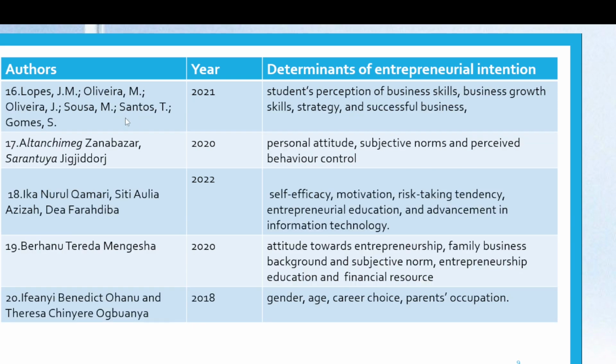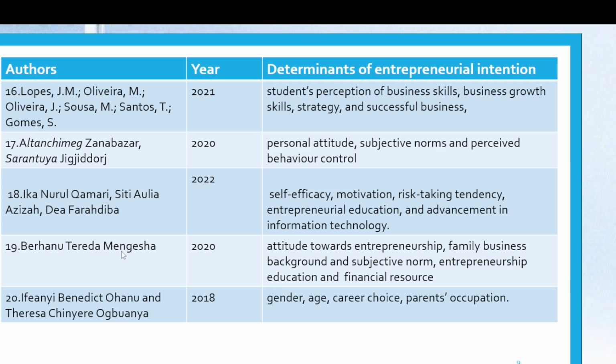These authors concluded that the determinants of entrepreneurial intention are students' perception of business skills, business growth skills, strategy, and successful business. These authors concluded that the determinants are personal attitude, subjective norms, and perceived behavior control. These authors concluded that the determinants are self-efficacy, motivation, risk-taking tendency, entrepreneurial education, and advancement in information technology.